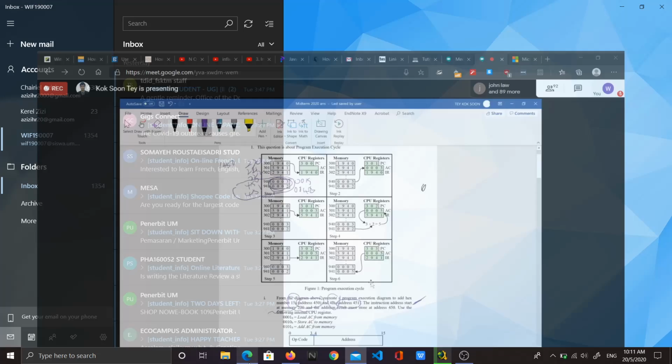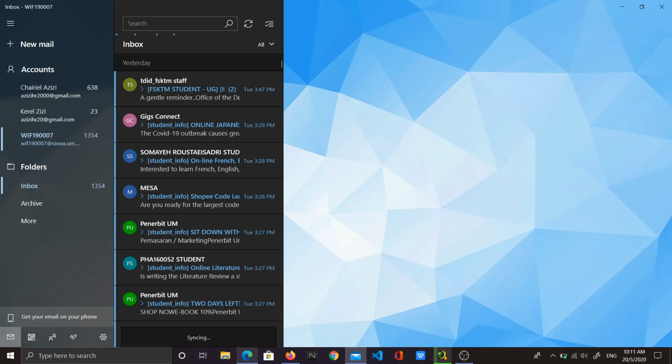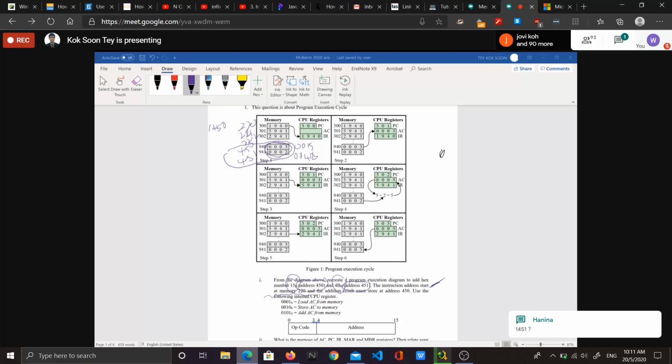At 221 should be hexa. The opcode 1 means you load something into your AC. So you bring the data at location 450 into your AC if you are using this command.